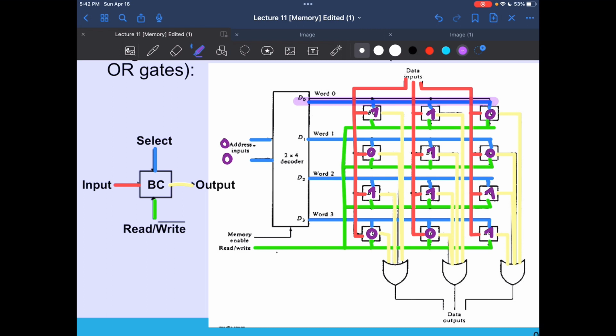Since we have selected read, this will go to the binary cells and enable the read option. Thus, we can have 1, 1, 0 as the output.